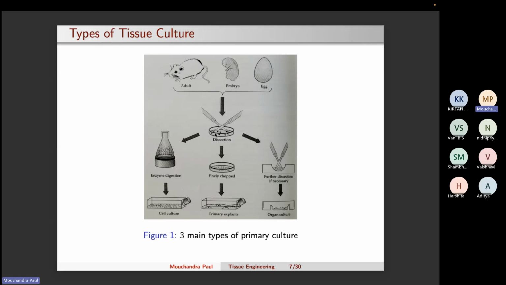You can either enzymatically degrade it to get individual cells and do cell culture, or you take the entire tissue construct and grow it on a particular substrate, that is organ culture, or you finely chop it and place these chopped pieces on a particular substrate on which the cells in the chopped pieces will start growing. So these are the three main types of primary culture.